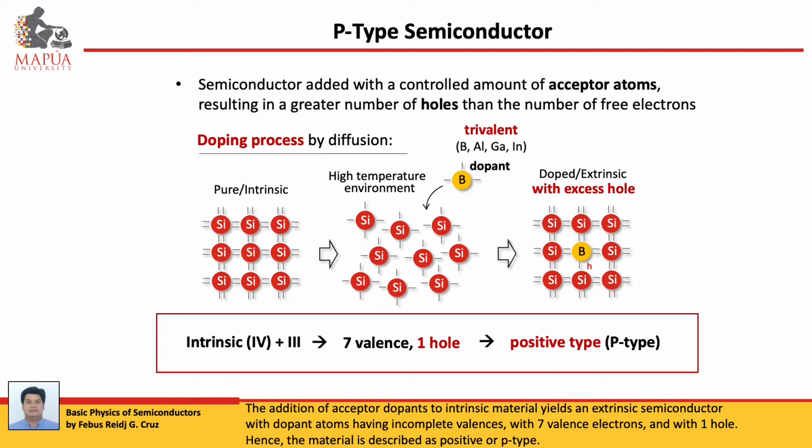The addition of acceptor dopants to intrinsic material yields an extrinsic semiconductor with dopant atoms having incomplete valences, with 7 valence electrons and with 1 hole. Hence, the material is described as positive or P-type.